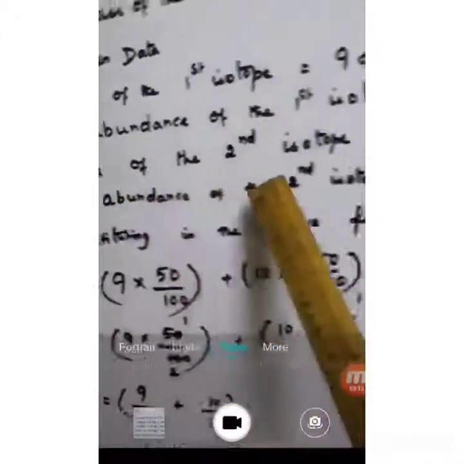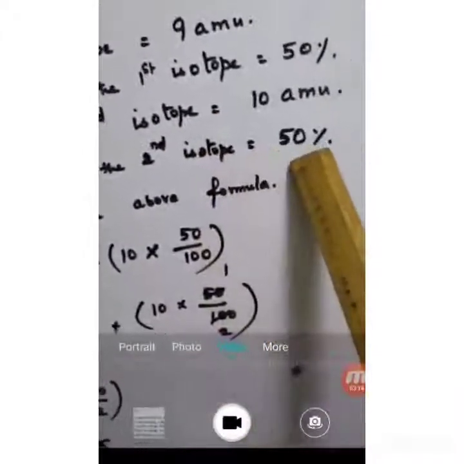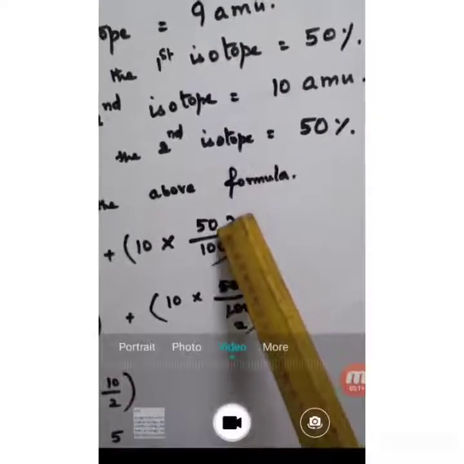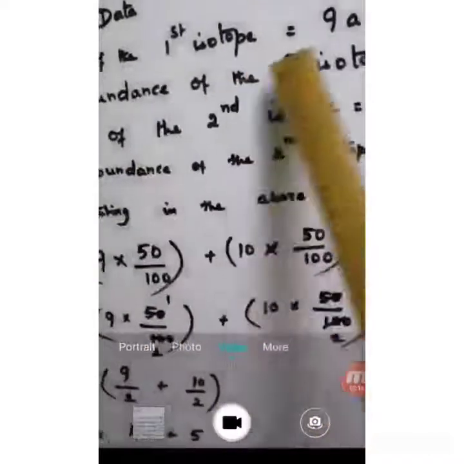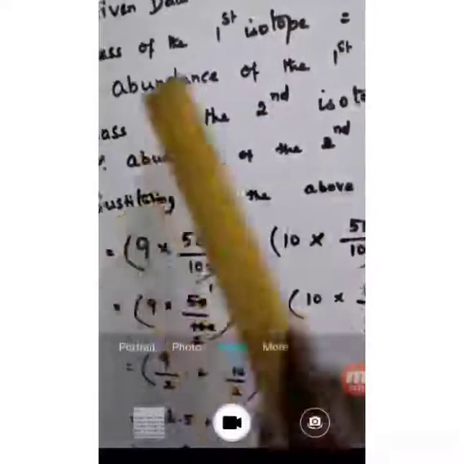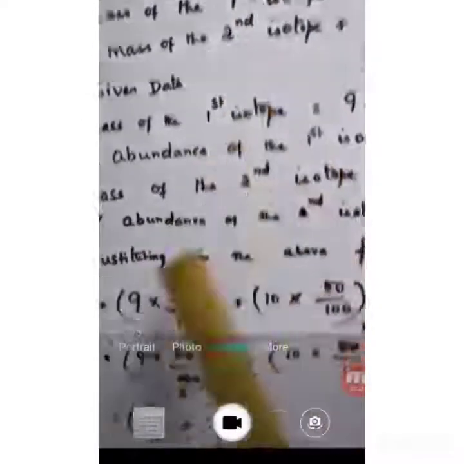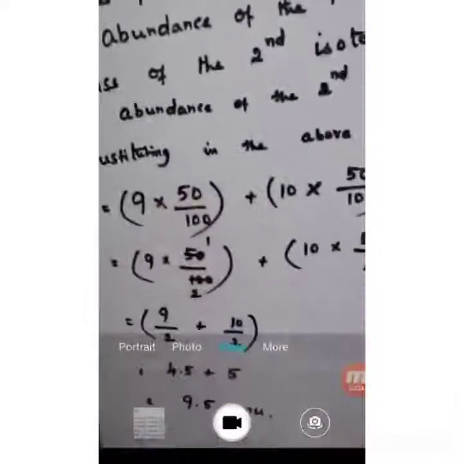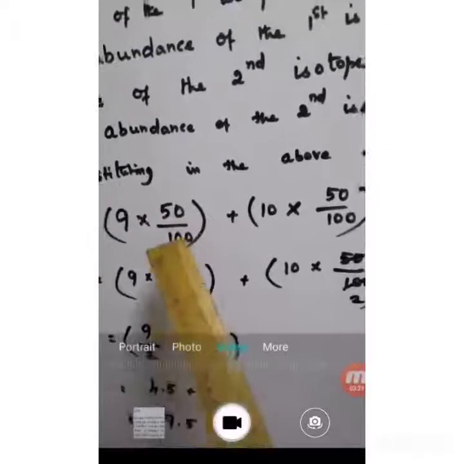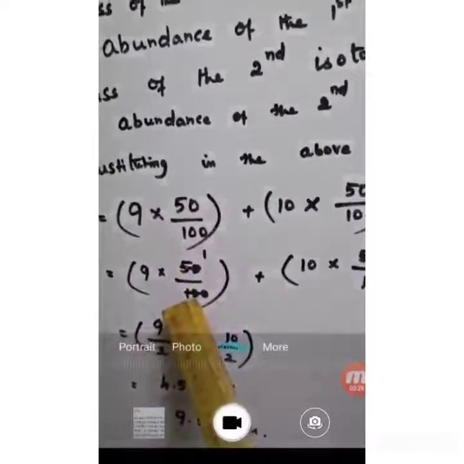Then percentage abundance of the second isotope is equal to 50%. So, I have written 50 by 100. So, I have substituted the given data in the above formula. So, I have got like this. Now, we are cancelling it. So, 50 and 100. 50 goes one time.